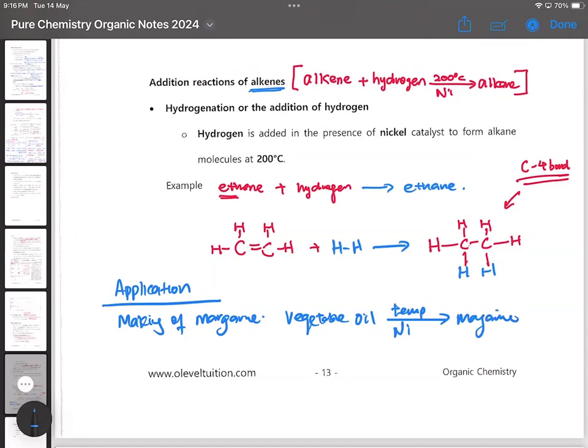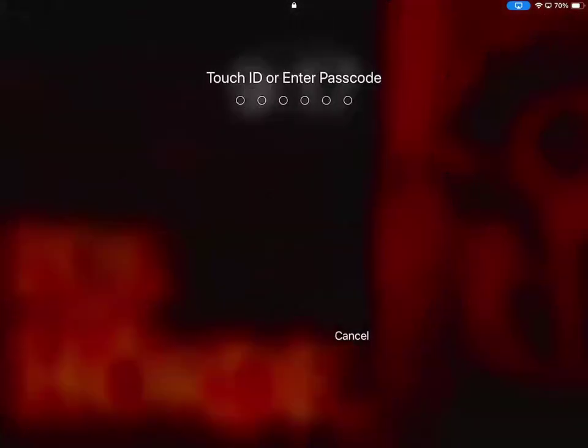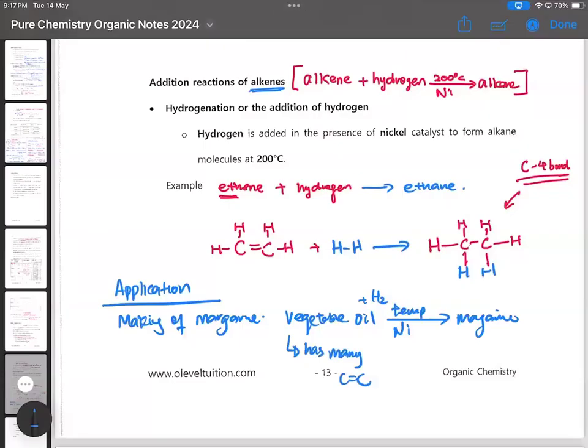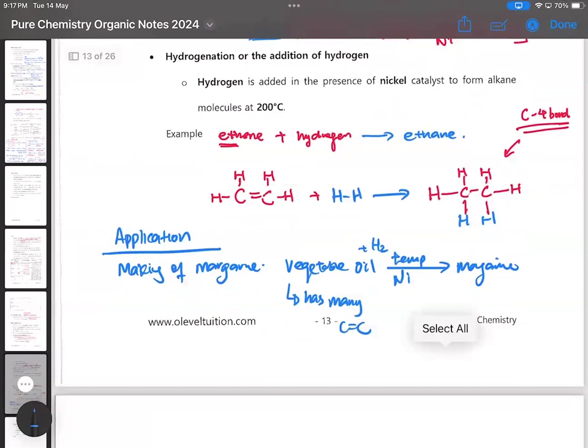Now, how does this occur? When this reacts with hydrogen, because vegetable oil has many CC double bonds. We call this vegetable oil, because it has so many CC double bonds, a polyunsaturated compound.